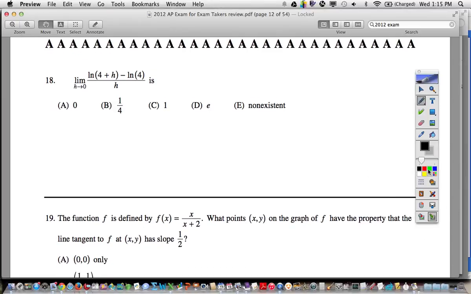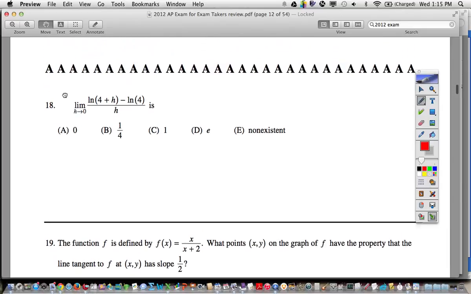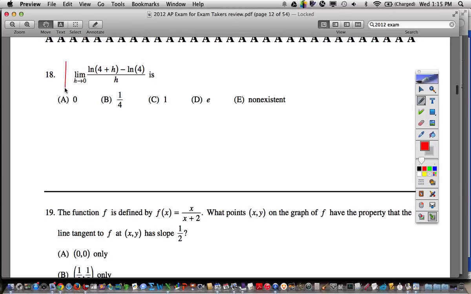All right, here is a problem on the 2012 AP test that is a no calculator problem, okay? Does this look familiar? All right, this better look familiar, okay? What is it? The definition of the derivative.